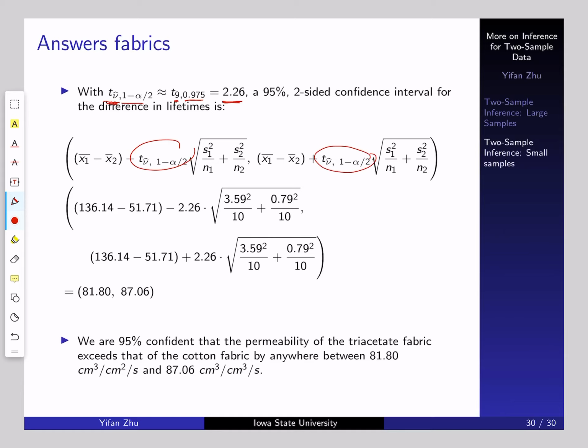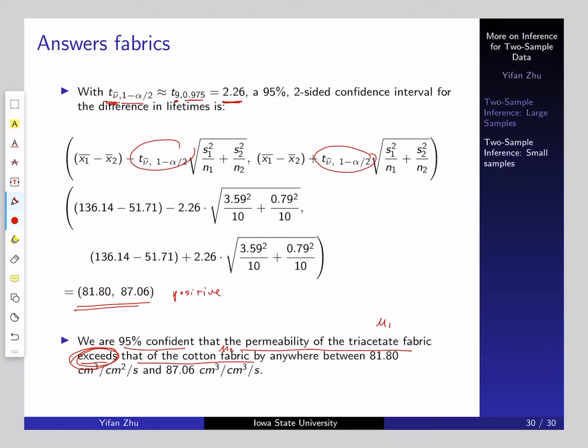By plugging in the x1 bar, x2 bar, and s1, s2, and also the quantile, we get a 95% two-sided confidence interval of 81.8 to 87.06. So we are 95% confident that the permeability of the triacetate fabric exceeds that of the cotton fabric, because they are all positive.